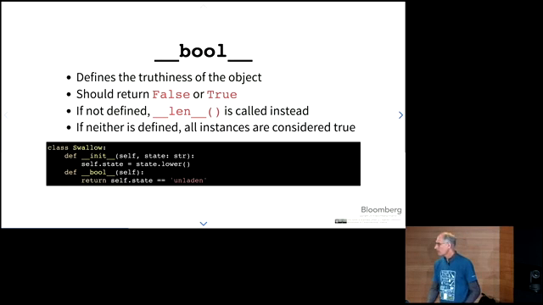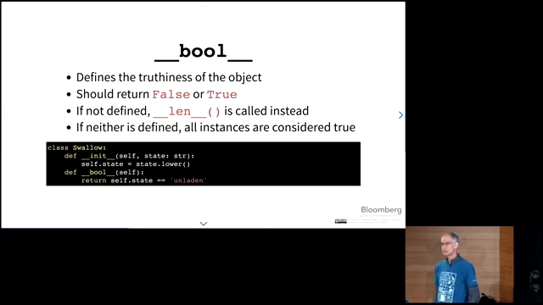One of the other things that you might want to think about is implementing Dunder bool. This defines the truthiness of the object. Generally, this should return true or false. But if you don't implement Dunder bool, the Dunder len method is called.